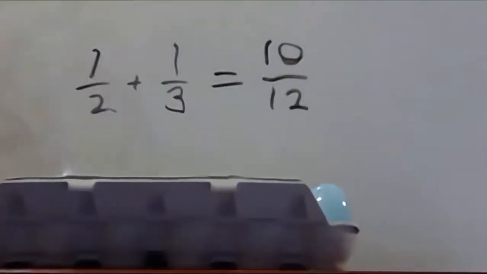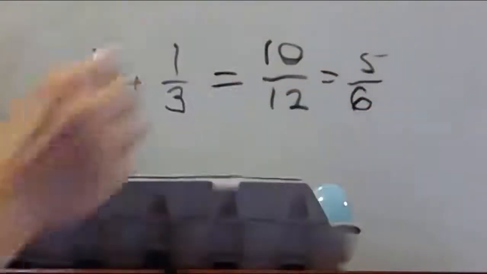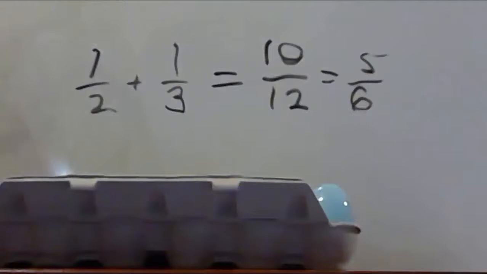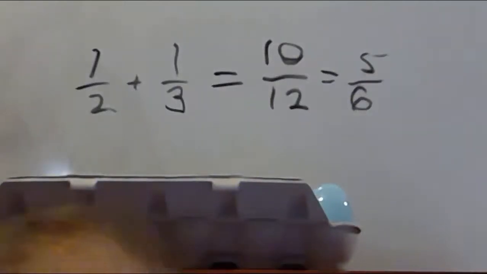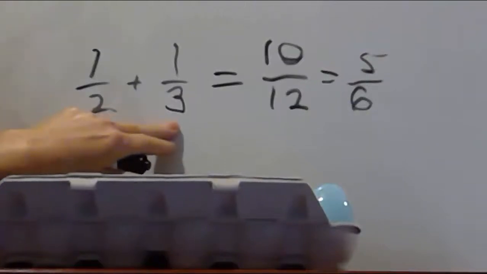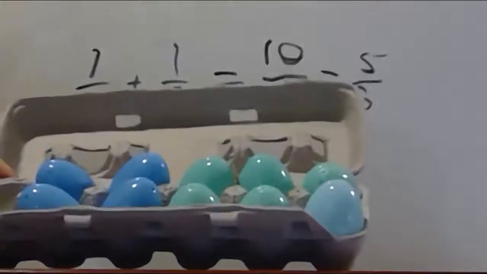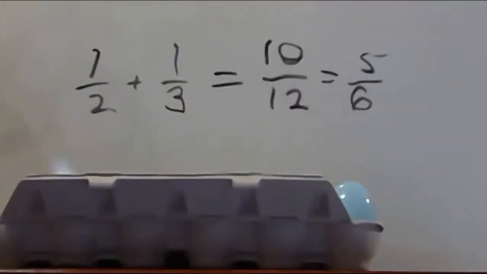Now I want to reduce this, and I see that 2 goes into both of these. 2 goes into 10 5 times, and 2 goes into 12 6 times, and that's my final answer. So that is how I would add 1/2 plus 1/3 to give me 5/6, and that's adding using egg cartons.